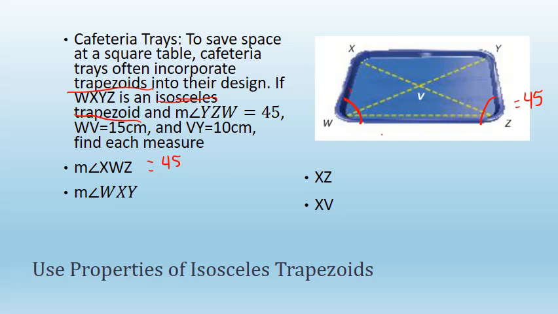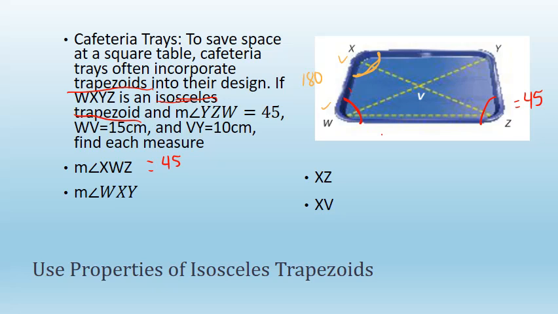Okay, not bad. Now let's find the next measure, the measure of WXY. We need to find this angle. Well, there's a couple of ways we could go about this. One would be these two measures here, this measure and this measure, must equal 180.